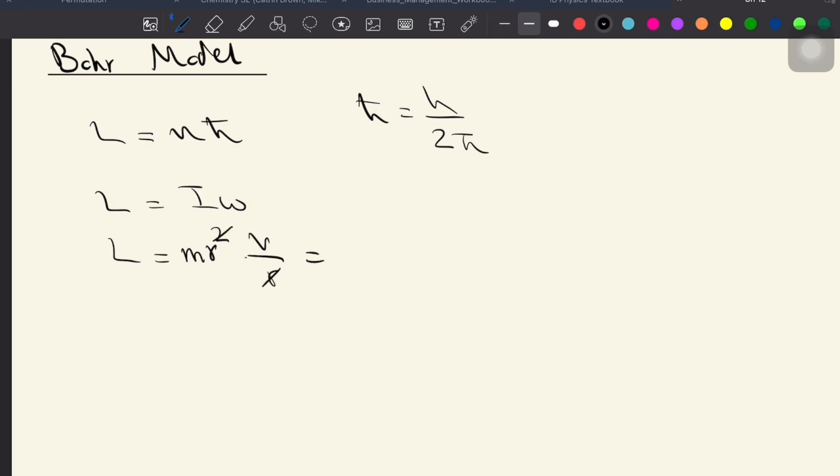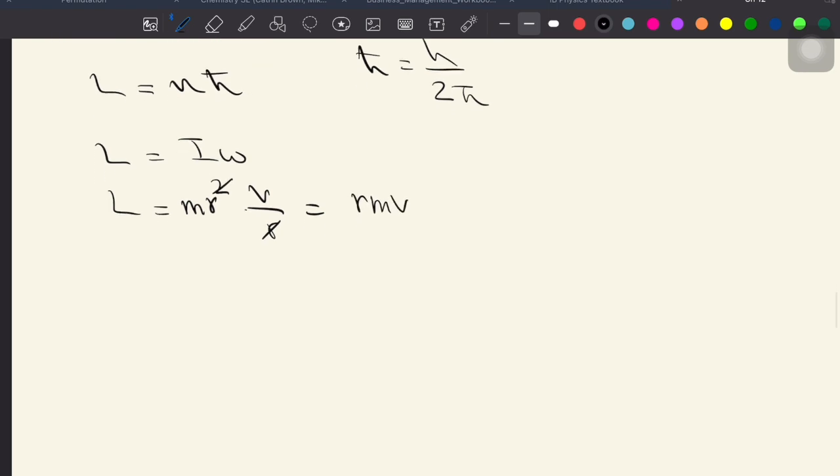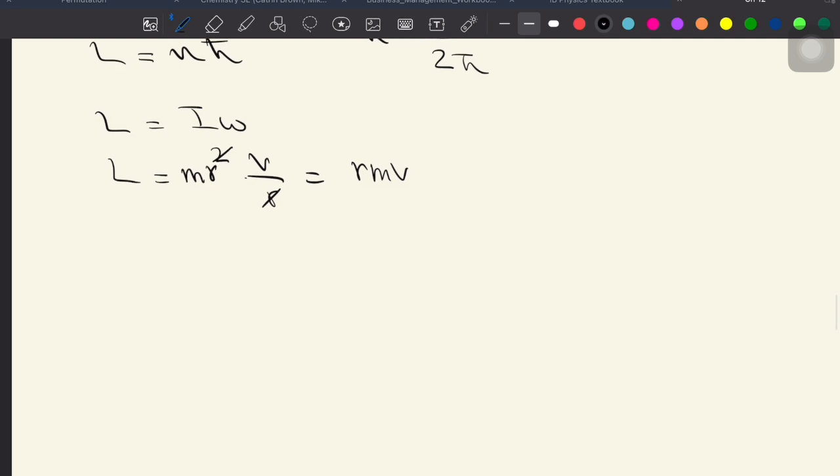The r's cancel out, and we'll be left with r times mv. So I can rewrite our first equation by substituting r times mv for L. We'll be left with rmv is equal to n h bar.